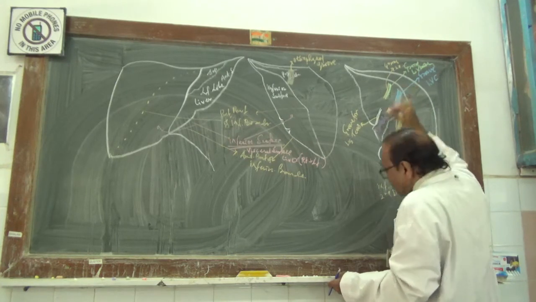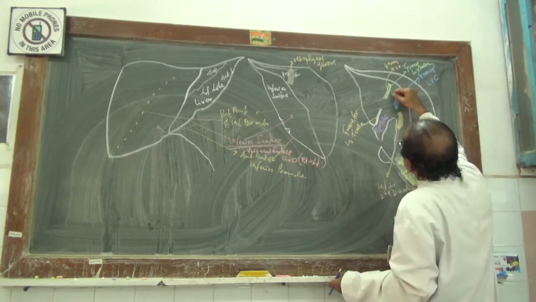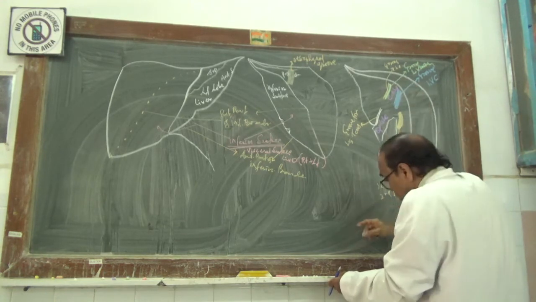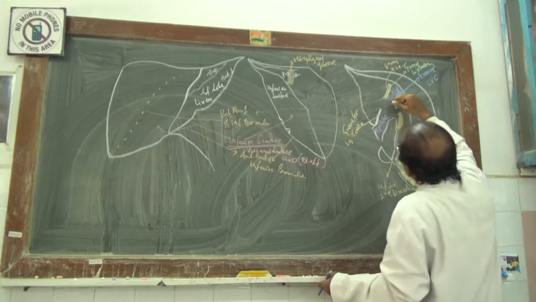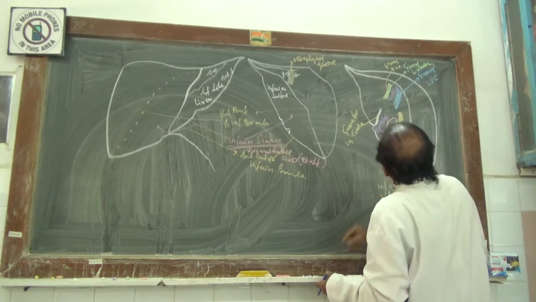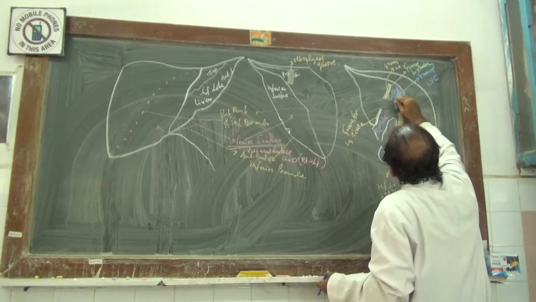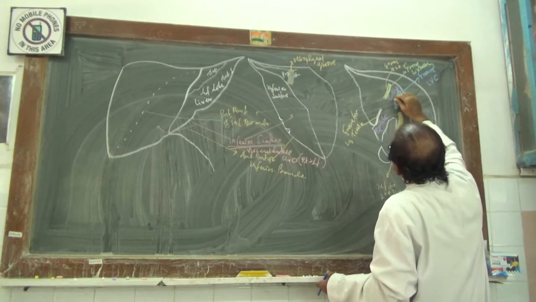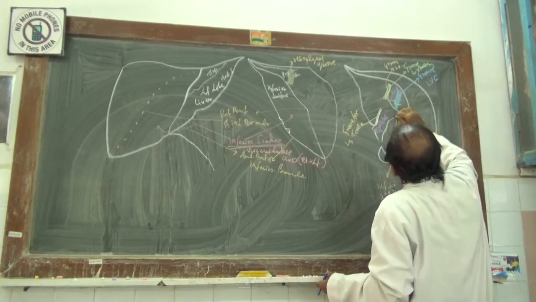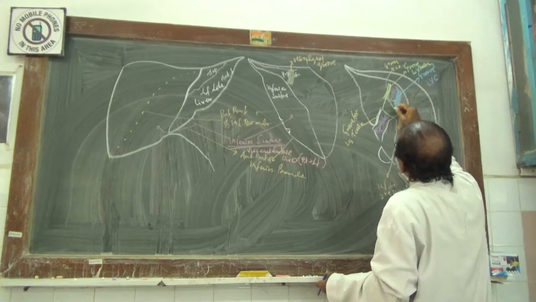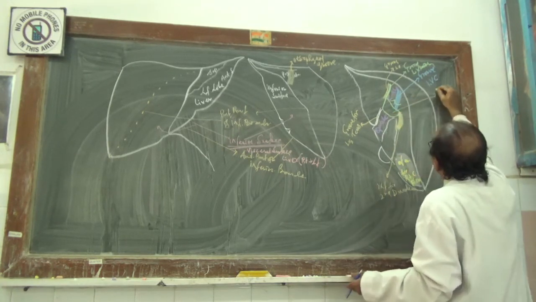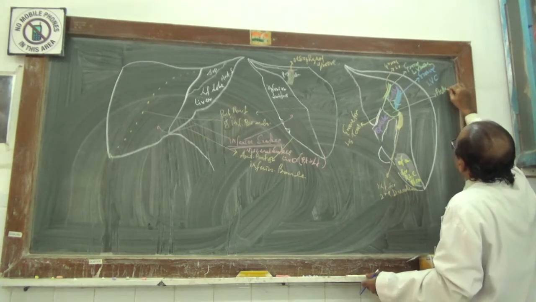Now this thing is called the caudate lobe. And now in this part there will be one split. Now that split, this thing will be the porta hepatis.